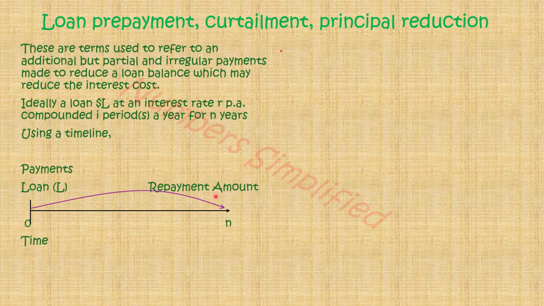Now with that, we know that the value of the loan after N years will be LV. Using the formula, the value of the loan will be L, the original or principal loan, times 1 plus R over I, to the power N times the number of periods. That would give us the value of the loan.